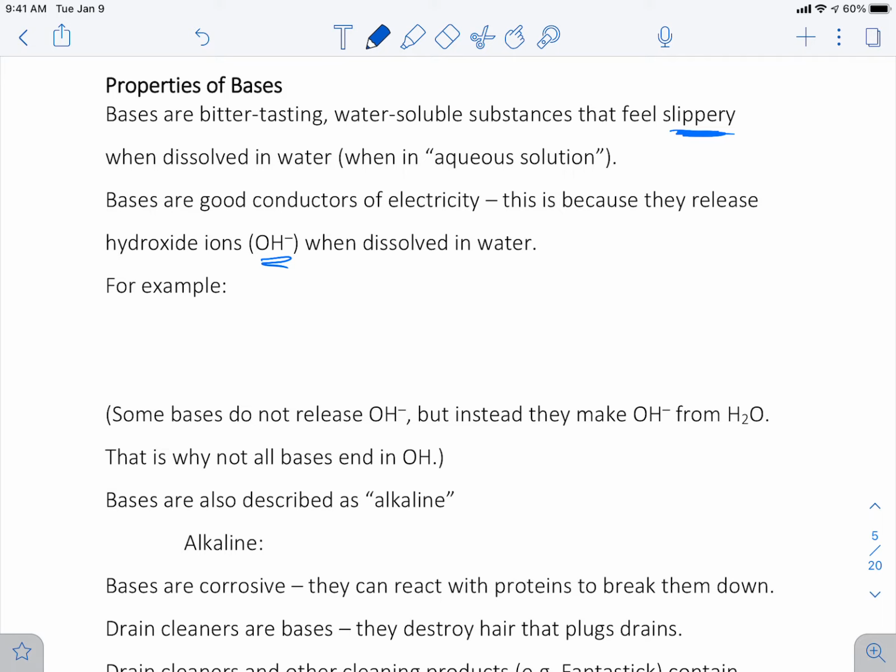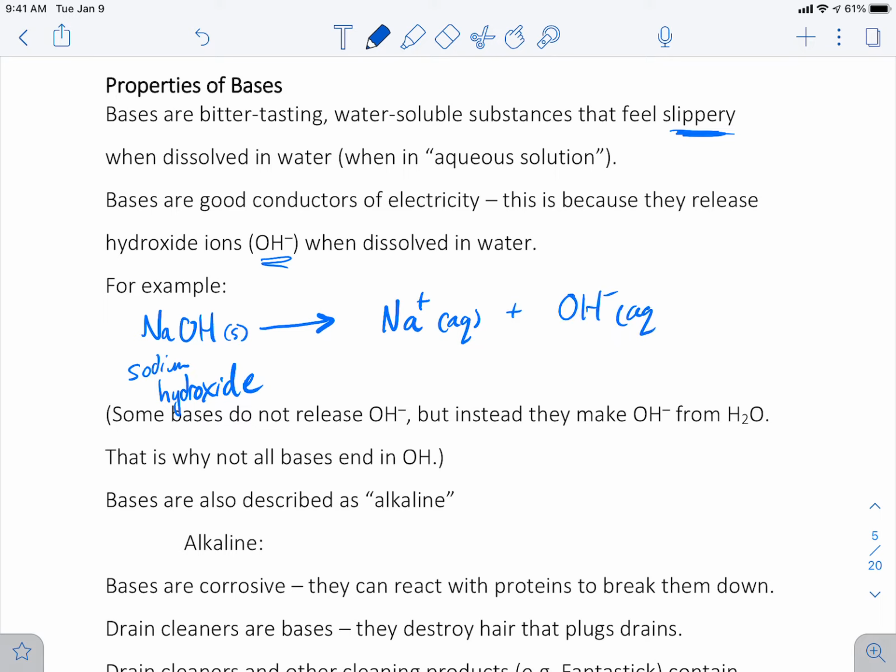So for example, something like sodium hydroxide, NaOH. Sodium hydroxide, when it reacts with water and gets dissolved, and you can actually buy this as a solid, at least at the chemical counter, it breaks apart, dissolving in water as sodium ions and hydroxide ions.